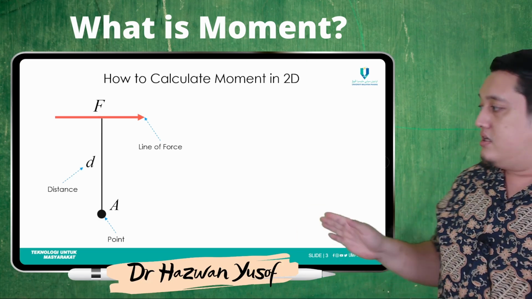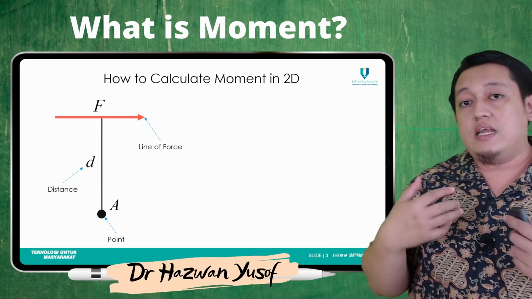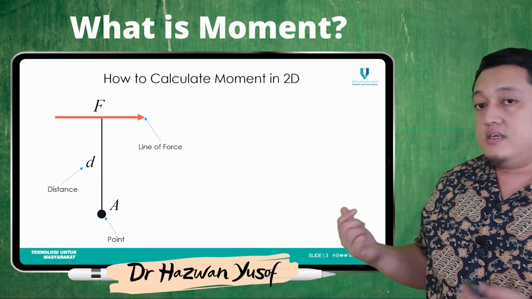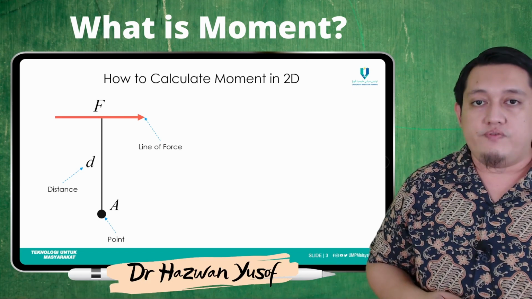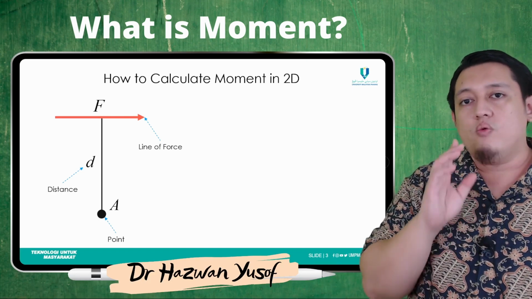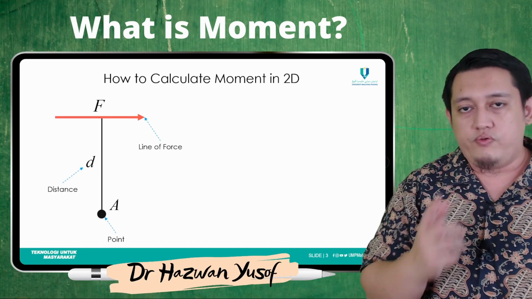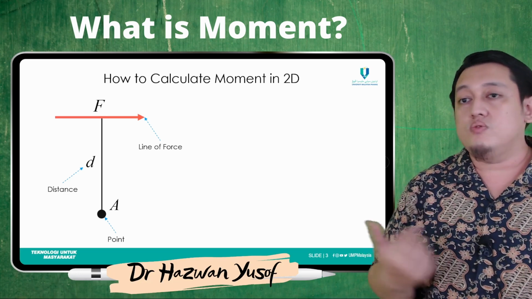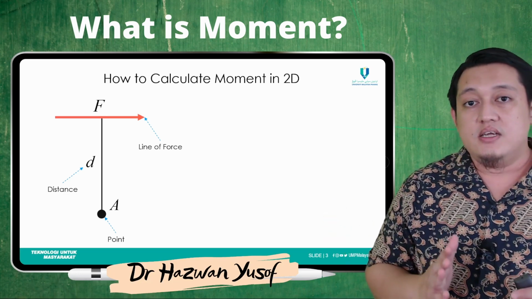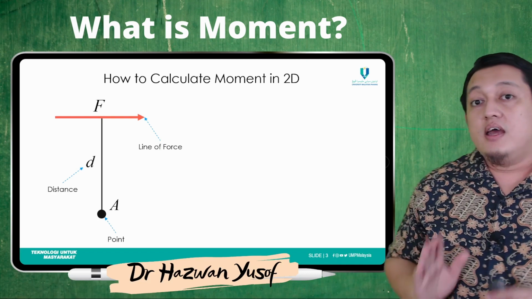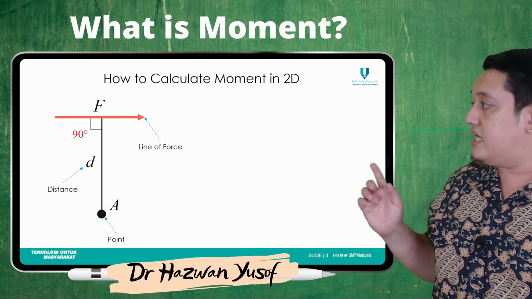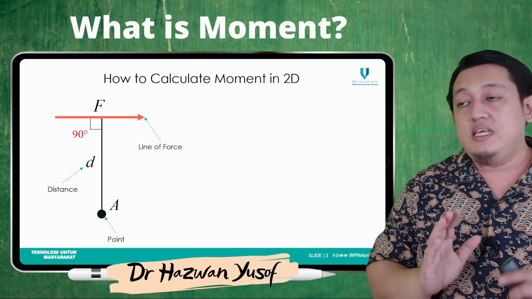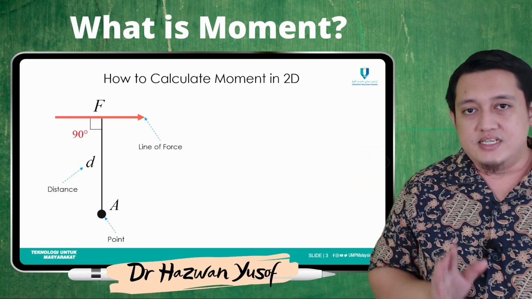Compulsory, do not use any point. If you want to calculate the moment at point A, the distance must be from point A up to the line of force. And we have one important rule to follow: the distance and the line of force must be perpendicular to each other, or in 90 degrees.